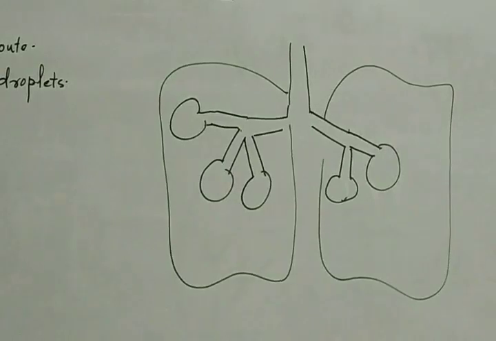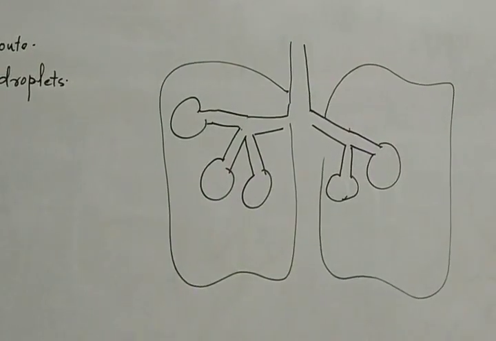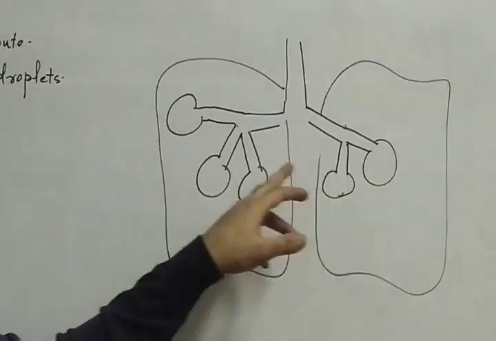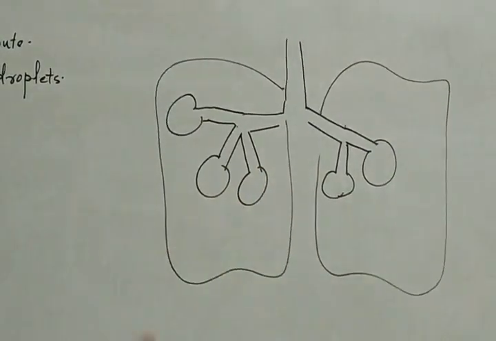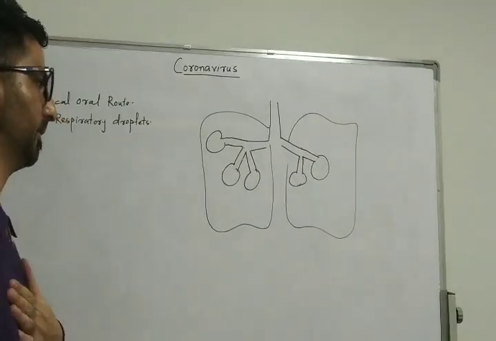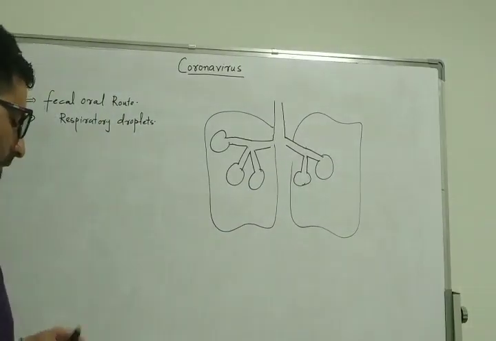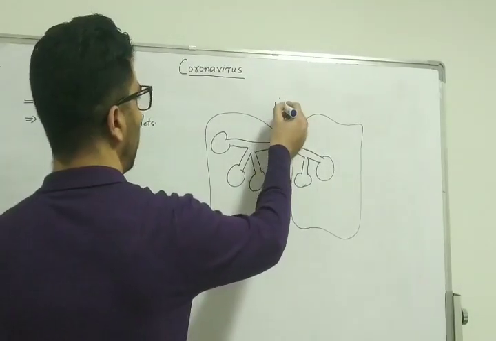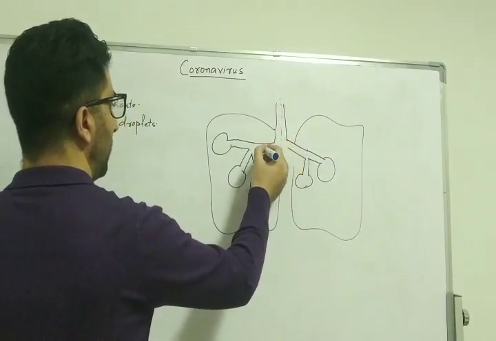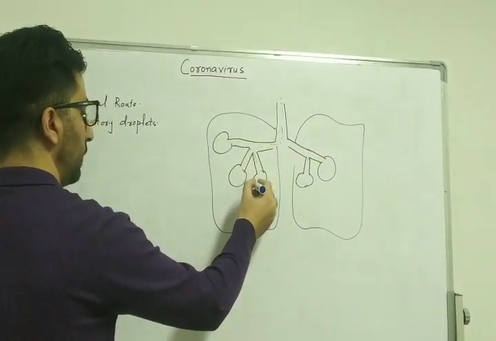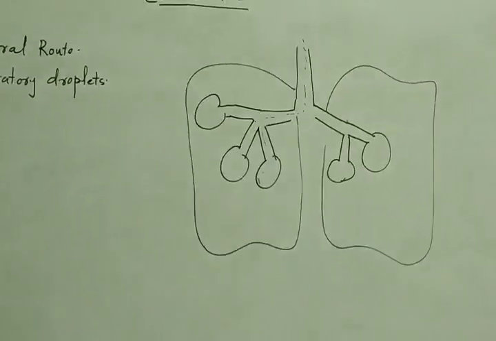This virus attaches to a special structure in the respiratory system called the alveoli. Alveoli are balloon-like structures in the respiratory system. So the virus gets attached to the alveoli through the respiratory droplets. It enters our respiratory system, then goes in and down, and attaches to the alveoli.